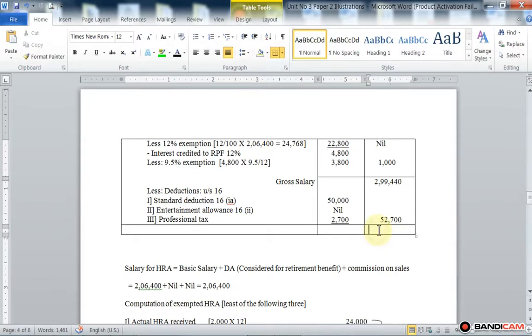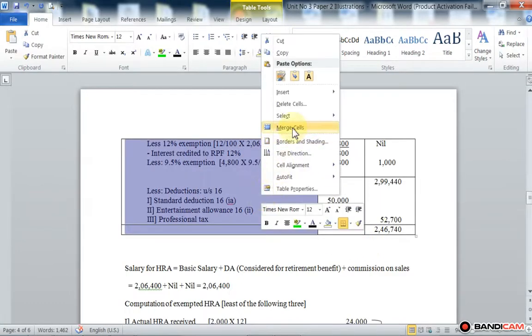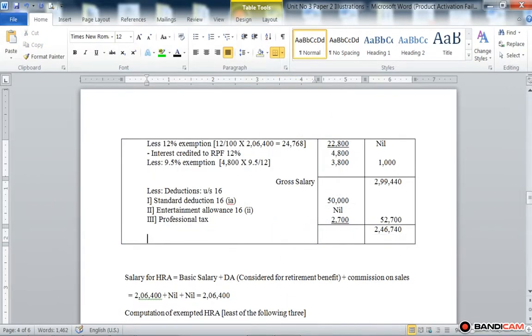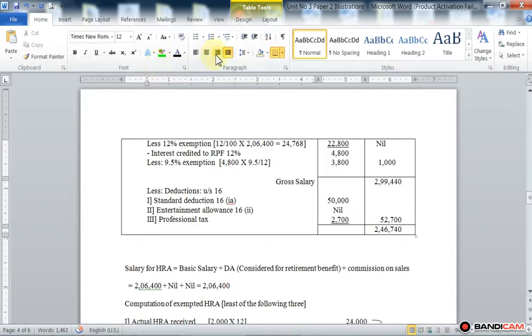So here the income from salary is 2 lakh 46,740, not 70. It is called income from salary.